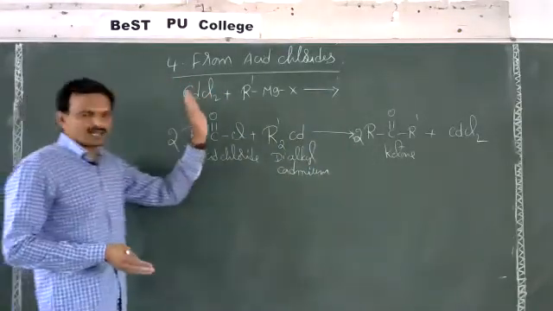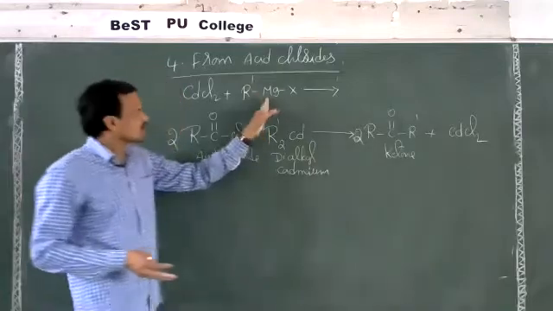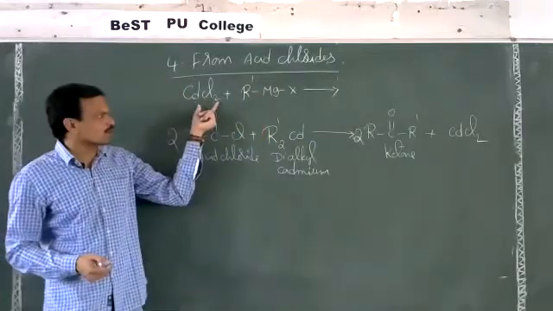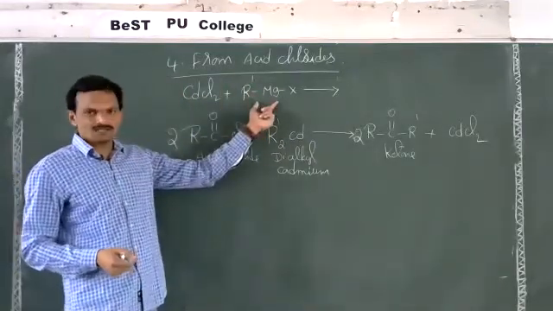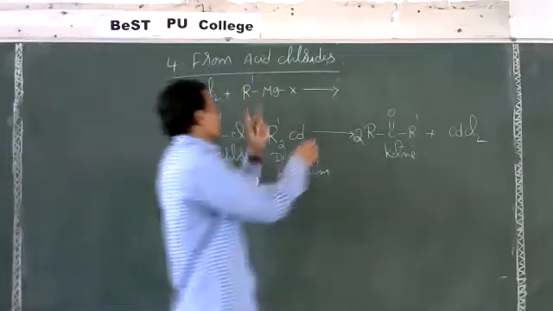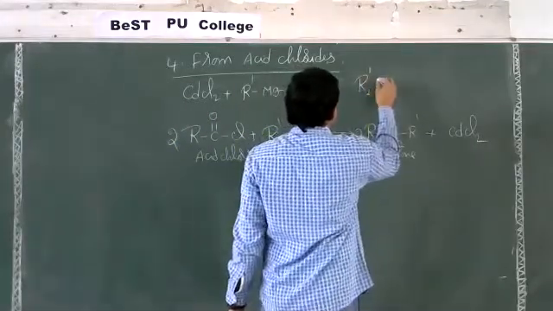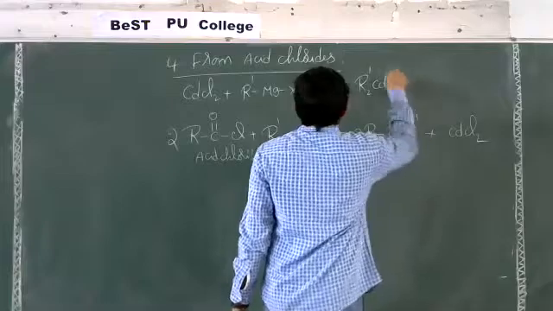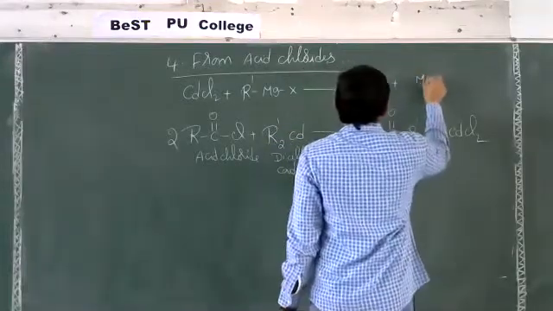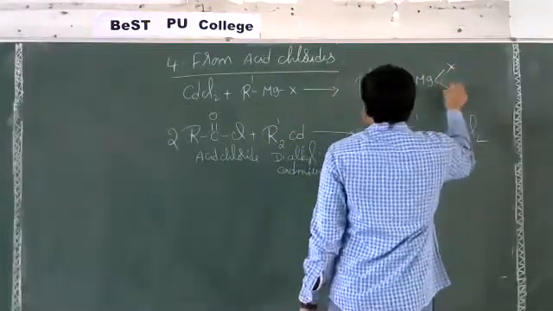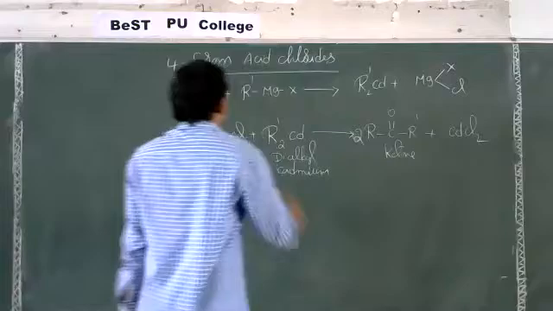So dialkyl cadmium is produced by the reaction of cadmium chloride with a Grignard reagent. Then we can get R'2Cd plus MgXCl.